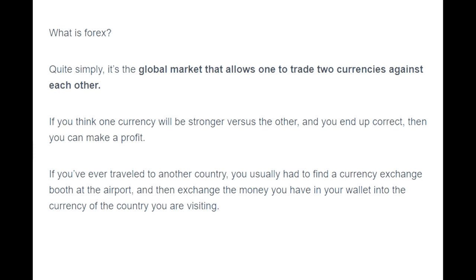That is simply foreign exchange. The only thing in Forex is you need to know when to buy and when to sell. It's always good to buy when the currency is at a lower price, and then you sell when the currency is at a higher price. That way, the difference is what makes you profit.